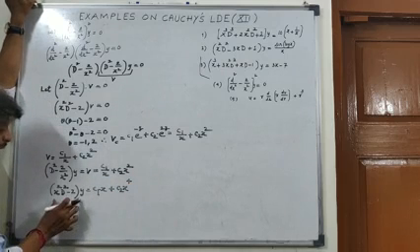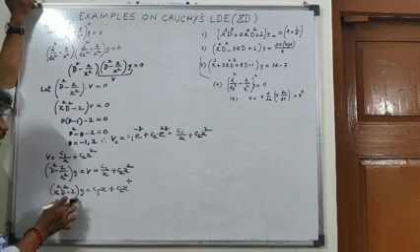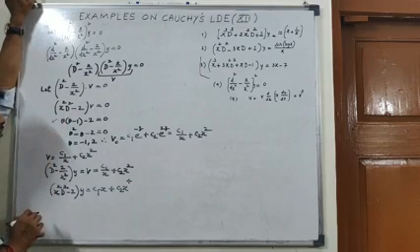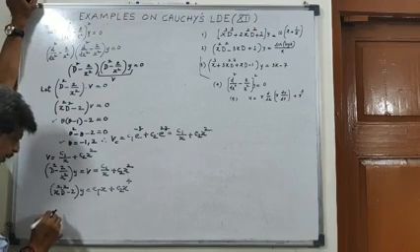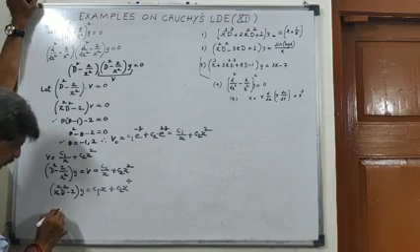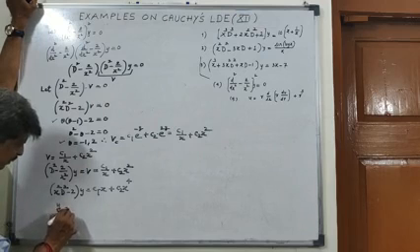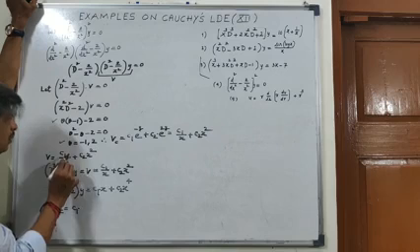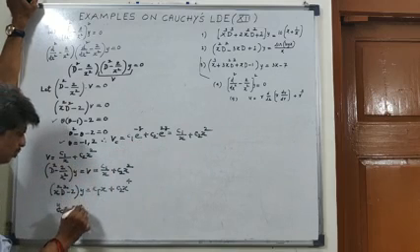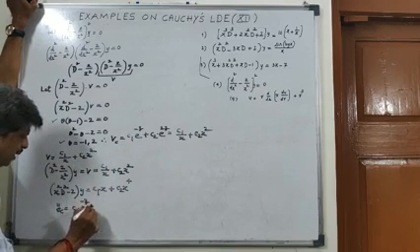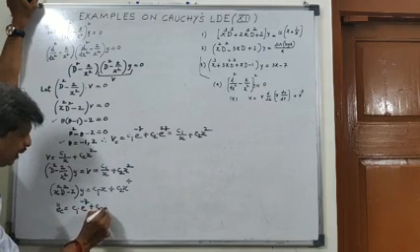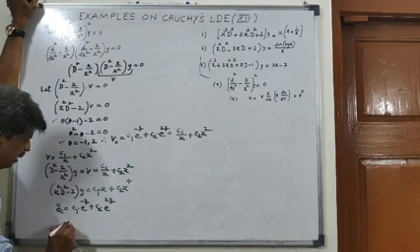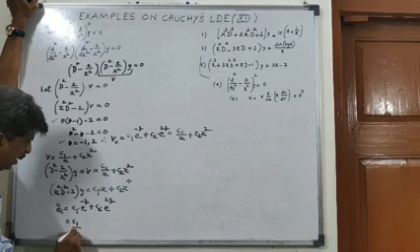Again I am putting x square D square as this, whose roots are this. So again YC is C1 into e raised to power minus z plus C2 into e raised to power 2z. So C1 upon x plus C2 into x square.